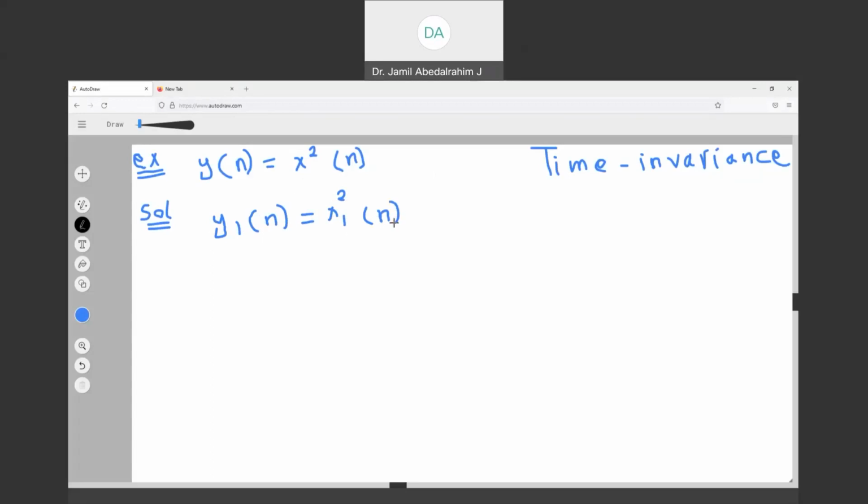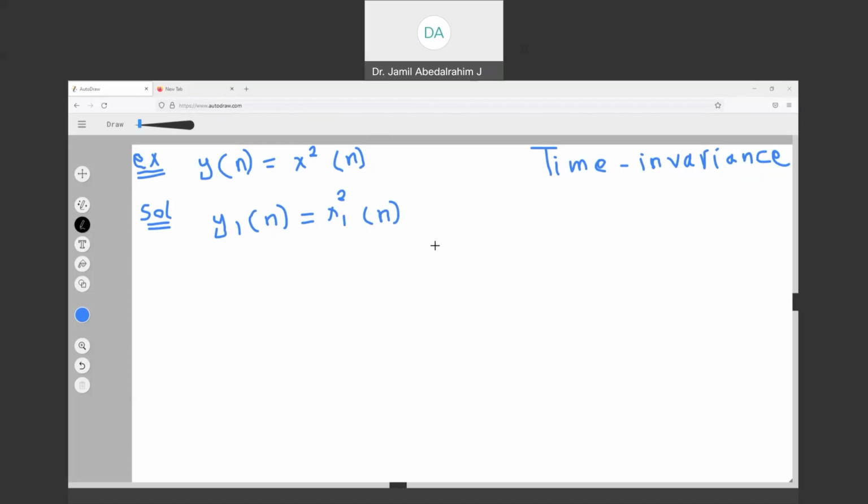This will be the first equation. It is the same as the given equation in the question, but we numbered it with 1.